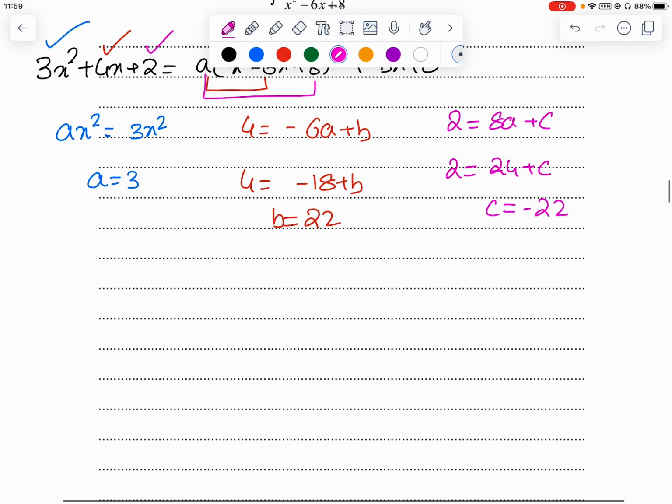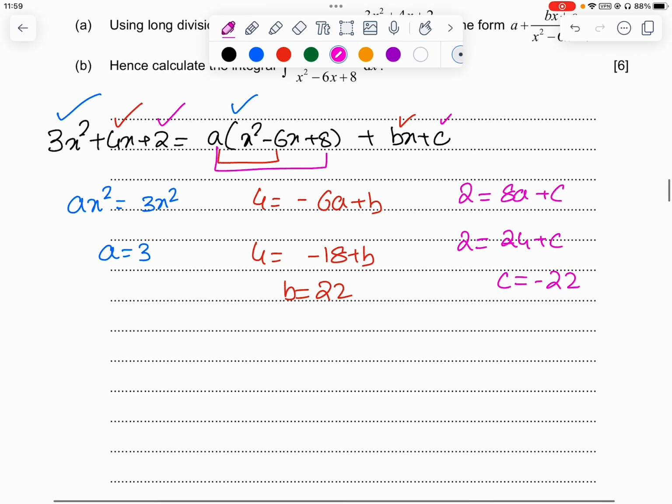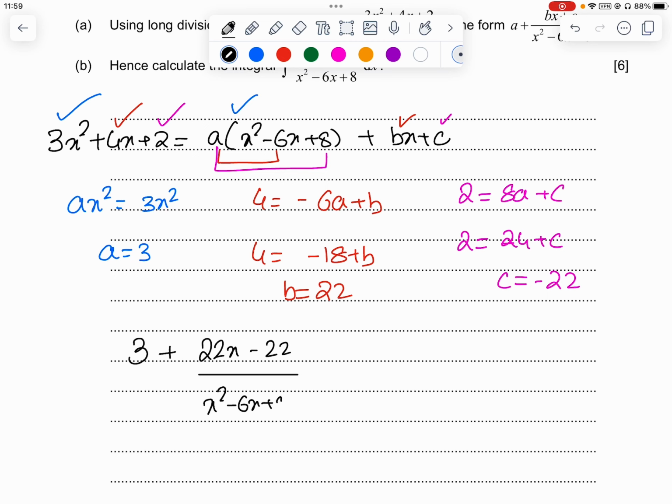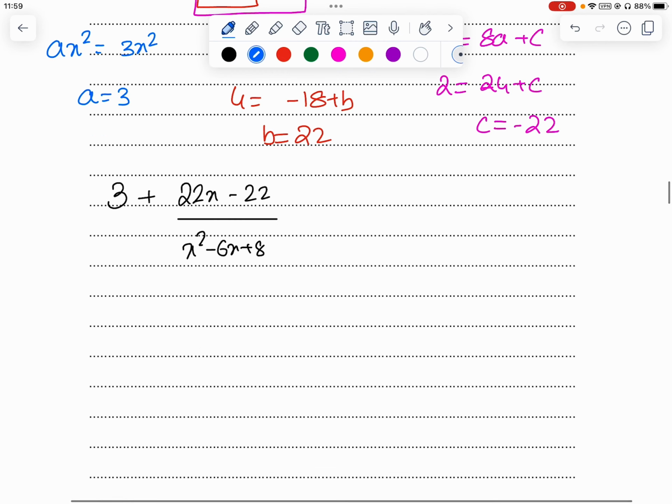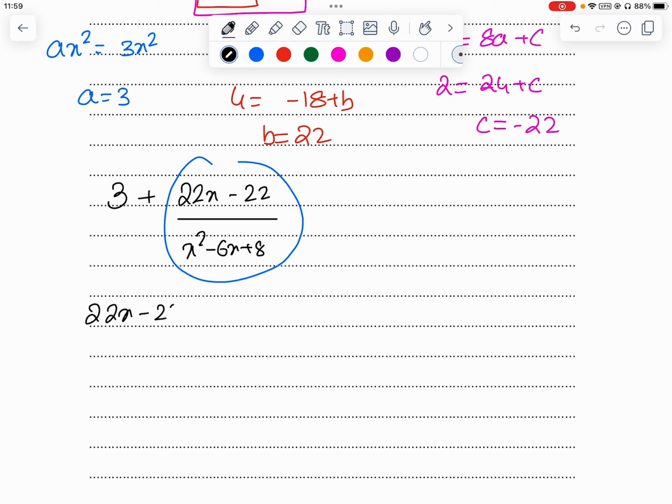So what will the fraction look like? 3 plus (22x minus 22) divided by (x square minus 6x plus 8). Now we have to do partial fractions for this particular term. So 22x minus 22 upon x square minus 6x plus 8 equals a upon x minus 2 plus b upon x minus 4.